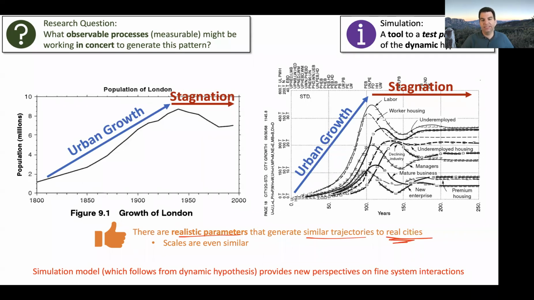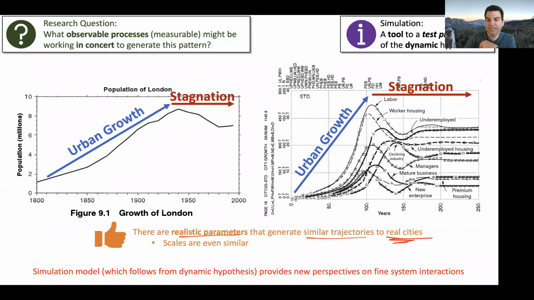And this allows us to justify why we might be able to use our simulation model as a toy city for us to pretend like we're mayor and test different policies. What happens if I cut taxes here? What happens if I increase the land availability here? What happens if I devote money to building new housing here? And so on and so forth.